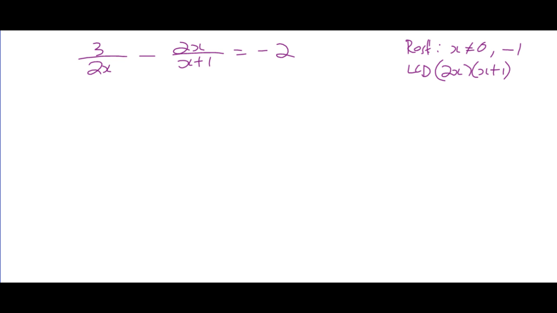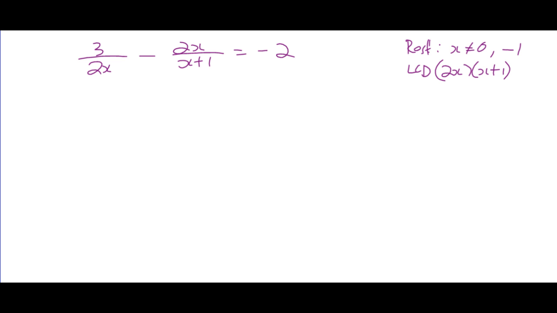All right, now think about this. What are we actually doing here? The whole idea in solving these equations is to get rid of denominators. So when we set the LCD, we're doing it with the idea that this is going to go away, and this is going to go away. And there's nothing here to go away, but the stuff's going to come in.